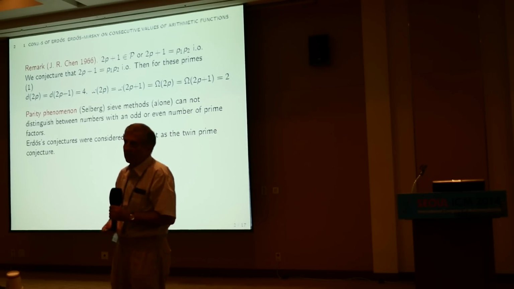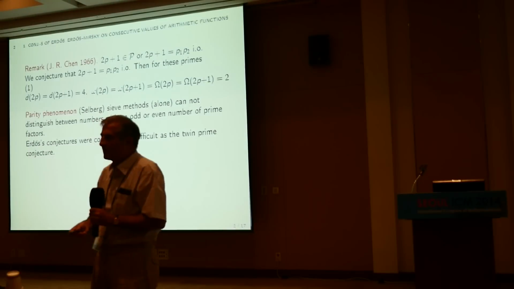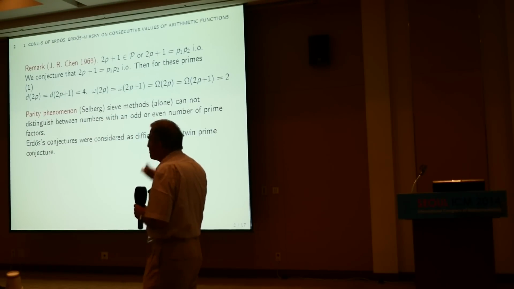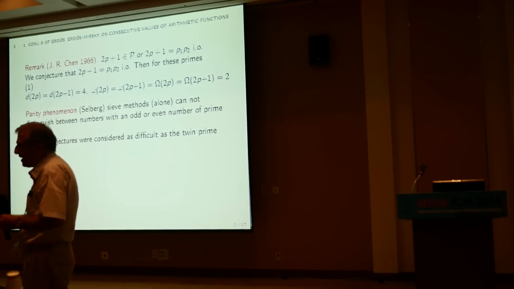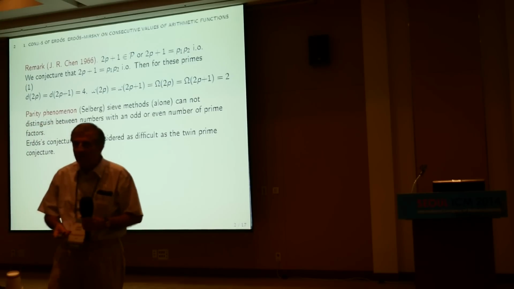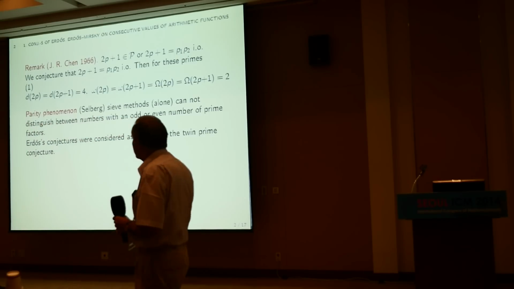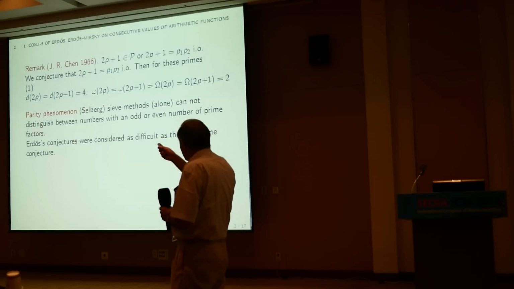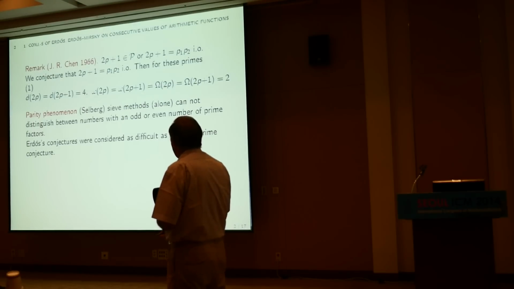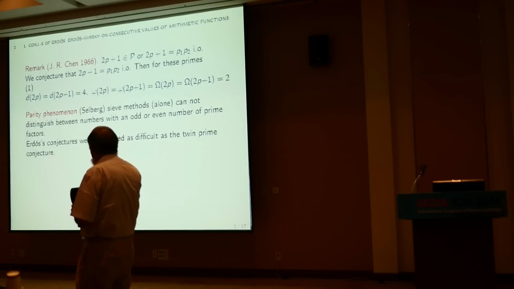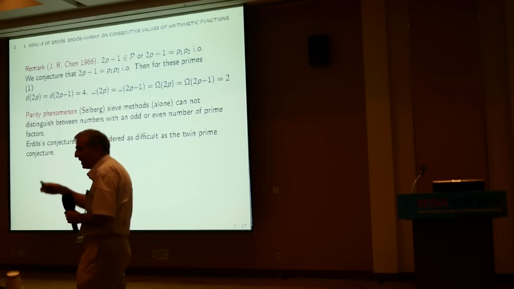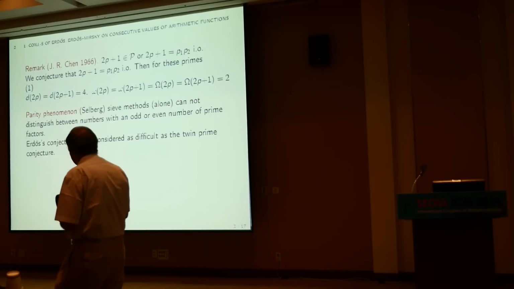And if this conjecture were true, then it is very easy to see that 2p and 2p plus 1 have both 2 prime factors, and then they both have 4 divisors. So for all 3 functions here, we would have these conjectures of Erdős and Erdős-Mirsky to be true.